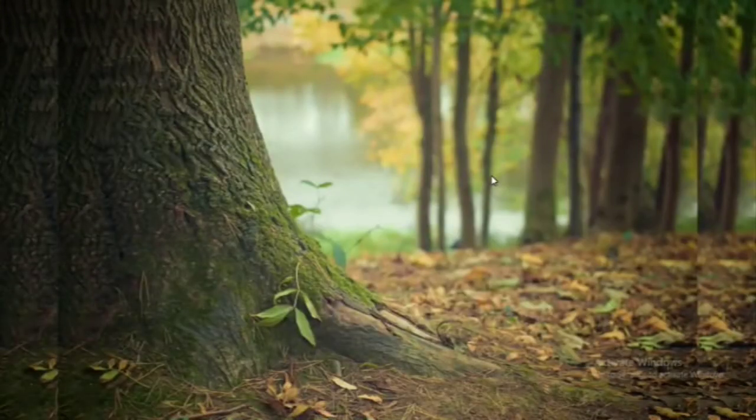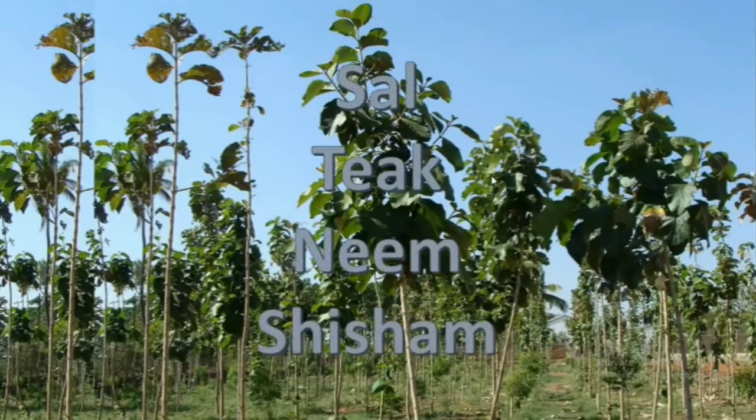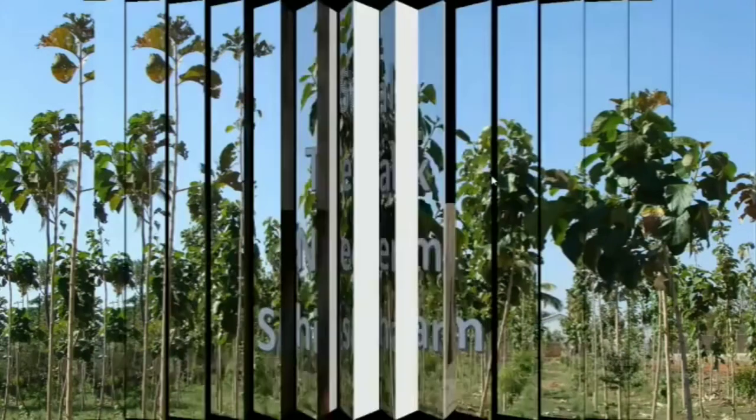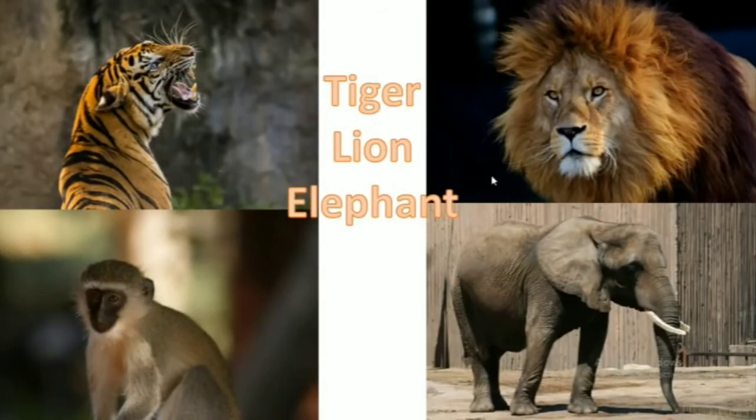Hardwood trees found in these regions are sal, teak, neem and shisham. Hardwood trees are extremely useful for making furniture, transport and constructional material. Tiger, lion, elephant, langur and monkey are common animals of these regions.